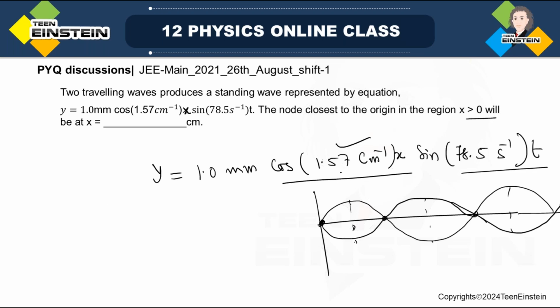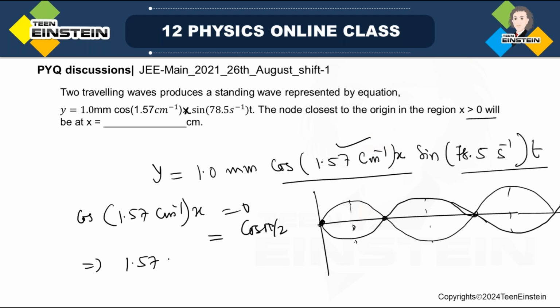If I just make this part, the cosine function into x, equal to 0, then we will be able to get the value of x over here. So I can write cos of pi by 2, because we know cos pi by 2 radian is actually 0. So from both sides I can write 1.57 centimeter inverse into x will be equal to pi by 2 radian.